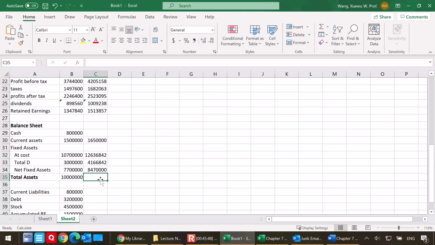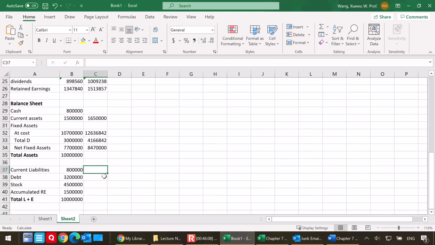Now I have to get my total assets. But remember, we saved cash as the plug, so I don't have a number for cash yet, which means I cannot calculate my total assets. That's okay, we can skip this for a moment and move on to the liability and shareholders' equity side.